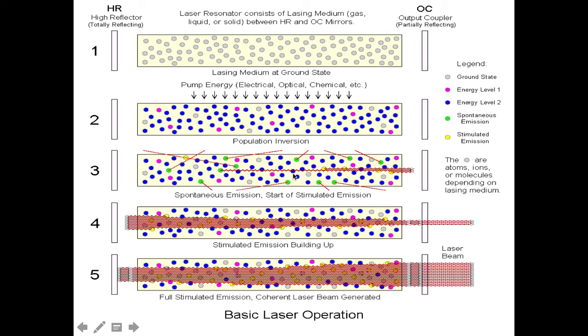In that path, they also de-excite the other atoms, and the de-excited atoms create more photons. In this way, the number of coherent photons can increase.